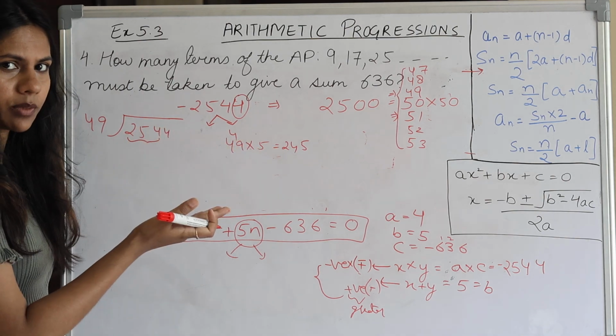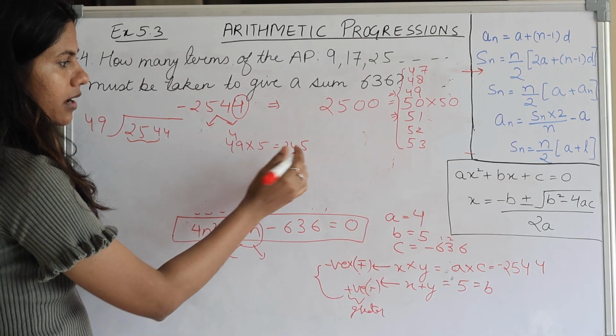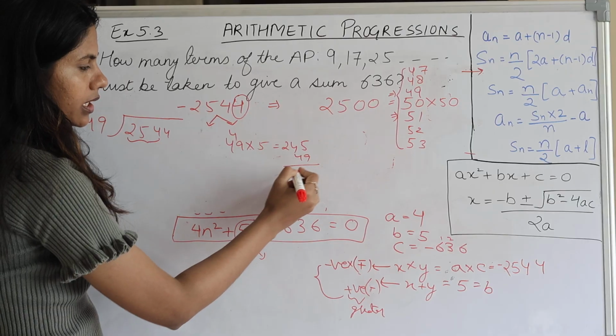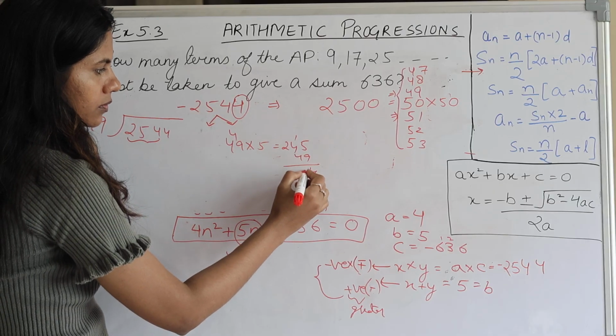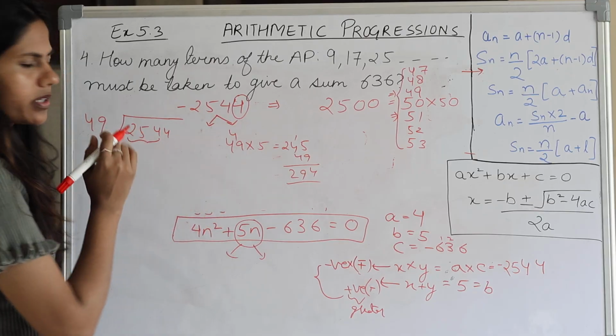Now we see the next multiple. For 49 into 6 you can do it, or you can just add 49 to this, which becomes 294. So 294 is greater than this.